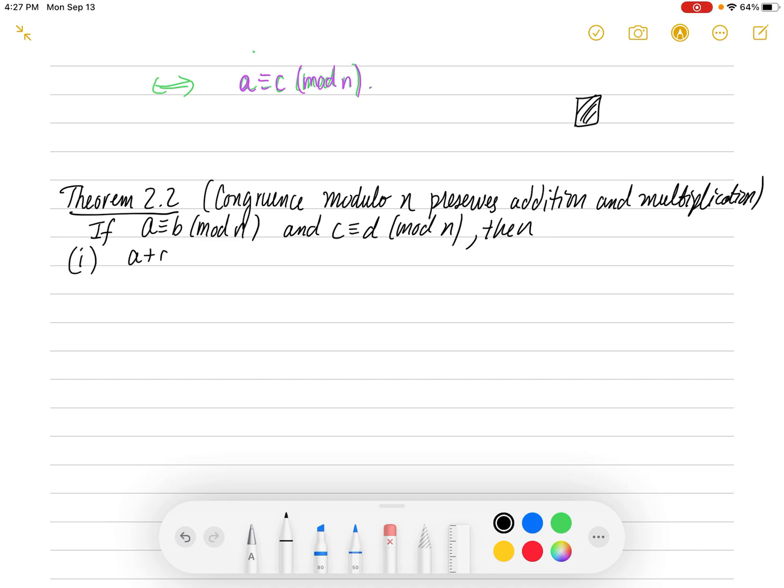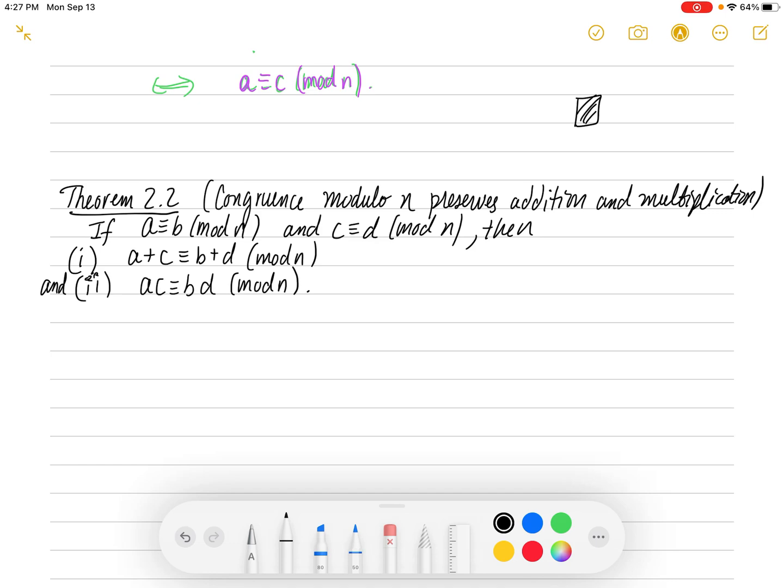Number one, A plus C is congruent to B plus D mod n. And number two, A times C is congruent to B times D mod n.